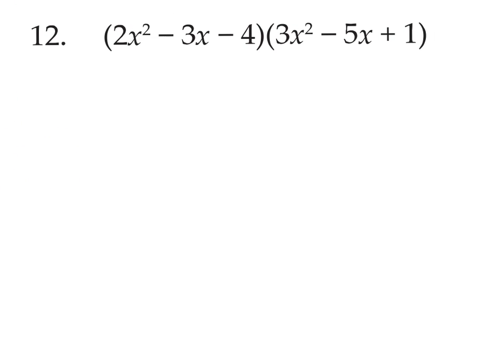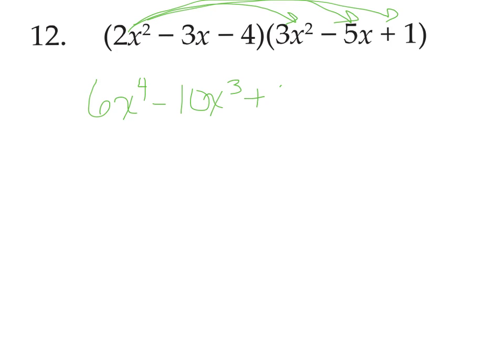Okay, let's start with distributing the 2x squared times the 3x squared. You get 6x to the fourth. 2x squared times a negative 5x is negative 10x cubed. 2x squared times 1 is 2x squared.